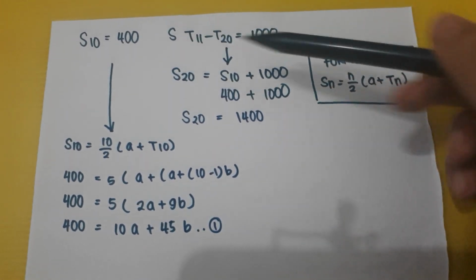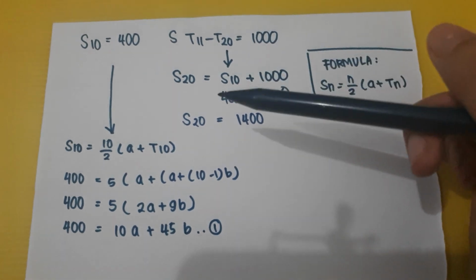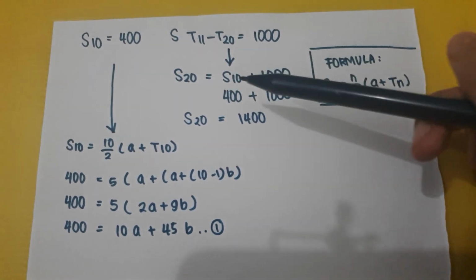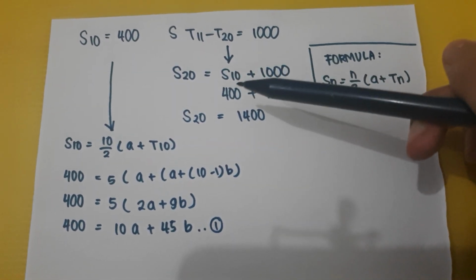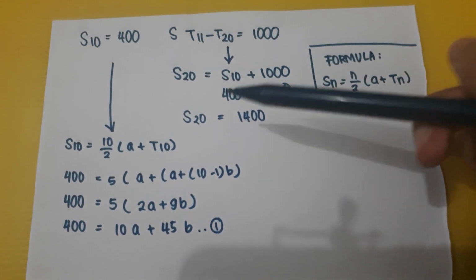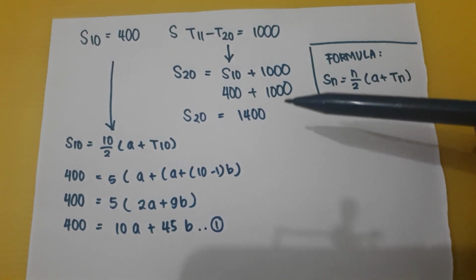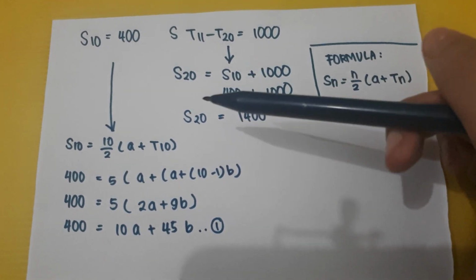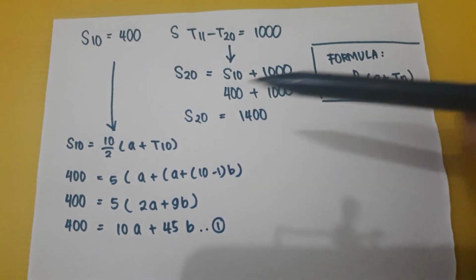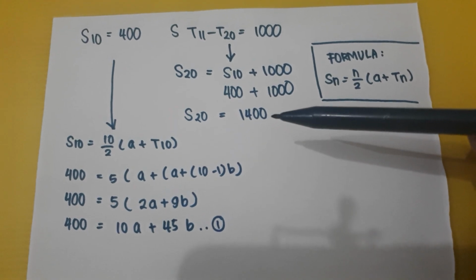From these two equations, we can find the sum of the first 20 terms, which is the sum of the first 10 terms plus 1000. The sum of the first 10 terms is 400, plus 1000, so we get the sum of the first 20 terms to be 1400.